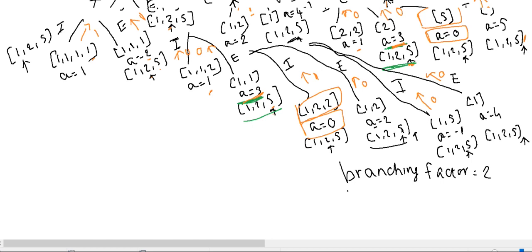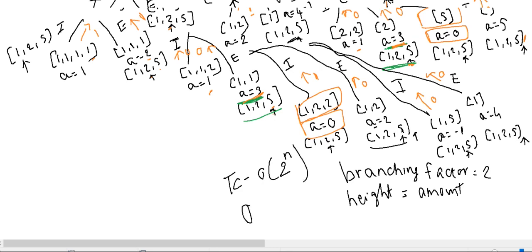The height of the tree is the amount, because we are decrementing the amount until it becomes 0. So the time complexity to solve it this way is the branching factor raised to the height, which is 2 power n. And the space complexity is O of n, which is the height of the tree.